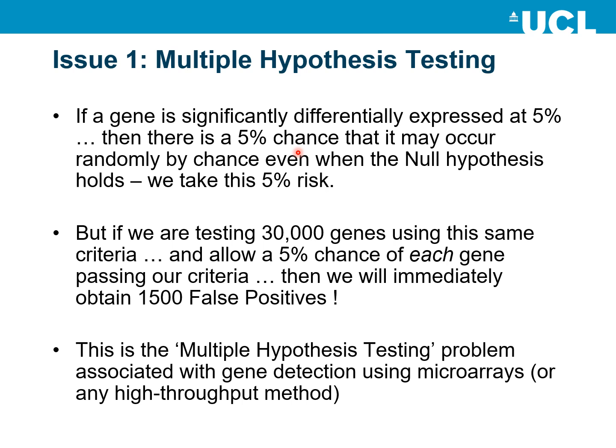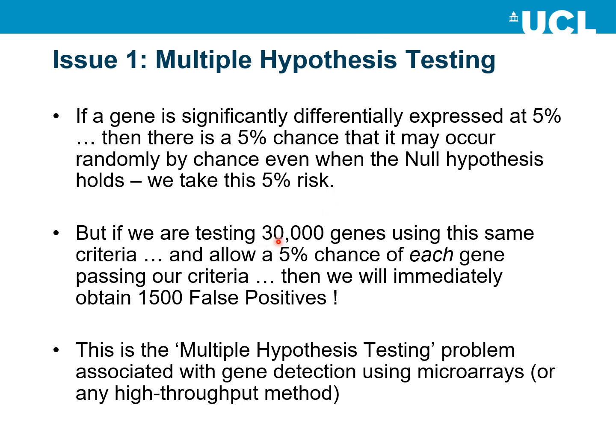It's the null hypothesis. So we take this 5% risk. Now this is okay if we have just one experiment. We know that there's a 1 in 20 chance that we will be wrong with this conclusion.